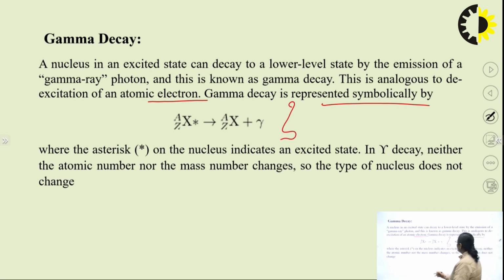The asterisk over the nucleus indicates that it is in an excited state. In gamma decay, neither the atomic number nor the mass number changes. So, there is no change in the atomic number and the mass number, and hence the type of nucleus does not change.